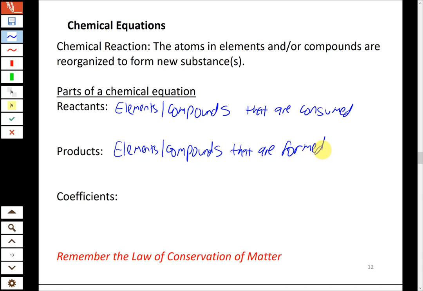You can't convert one element into another element, but you can convert elements into compounds or compounds into elements or compounds into different compounds. There's a lot of different possibilities. Now, the key aspect of a chemical equation that's going to be important for us in the context of what we're doing in this chapter are the coefficients. So these are going to be numbers in front of each formula or symbol.